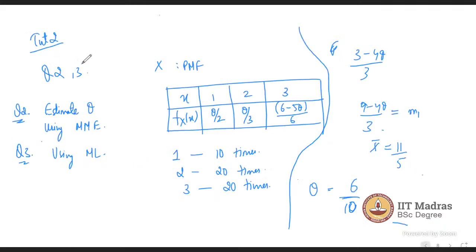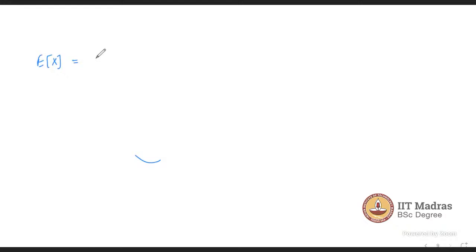We first find the expected value of X. If you go back, you have X and f_X(x) given. X takes the values 1, 2, 3 with probabilities theta by 2, theta by 3, and (6 minus 5 theta) by 6. So the expected value of X is the sum over x times f_X(x), where x varies from 1 to 3.